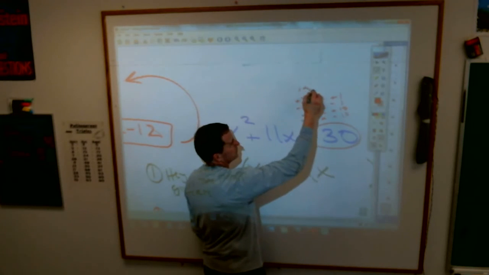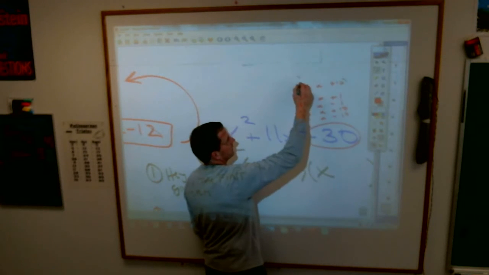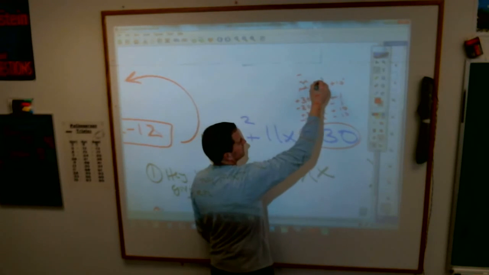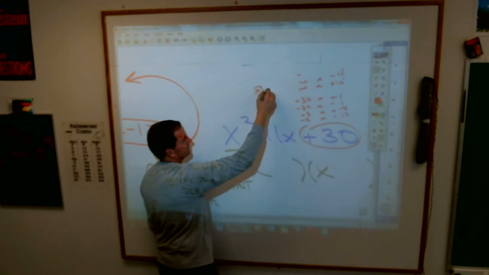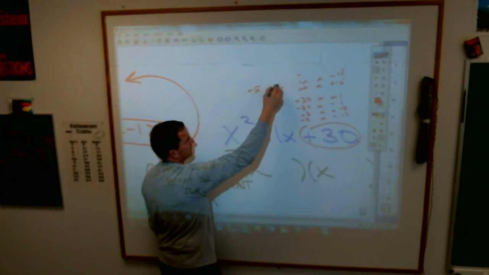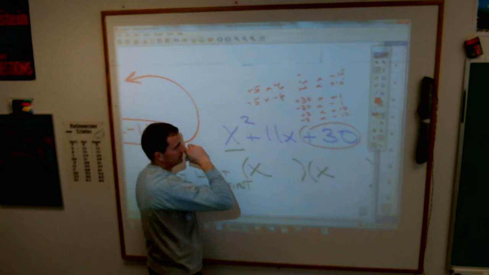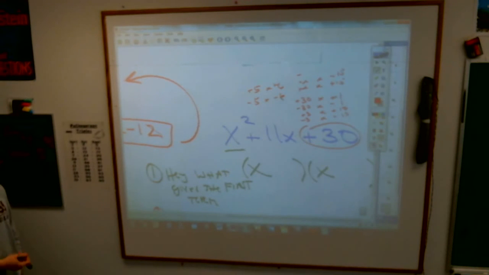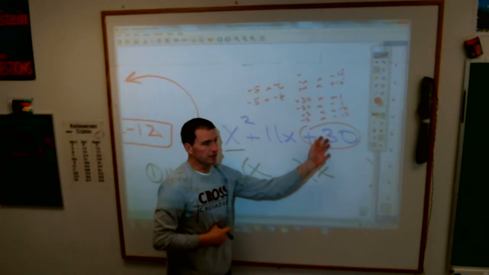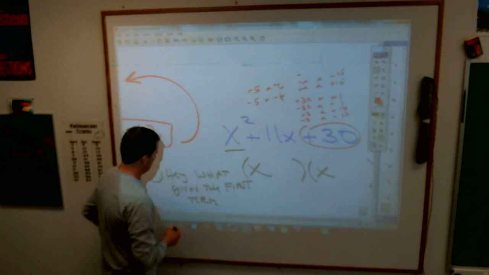I could have positive 2 times positive 15, I could have a negative 2 times negative 15. I could have a positive 5 times a positive 6. I could have a negative 5 times a negative 6. Am I missing any? This one has a lot more than I probably should have gone with right off the bat. But there are all those choices that will give you positive 30 if you put them in these two places. But here is the kicker.